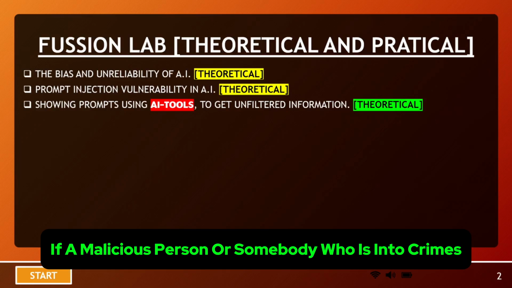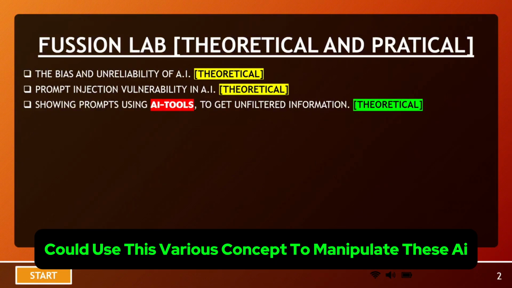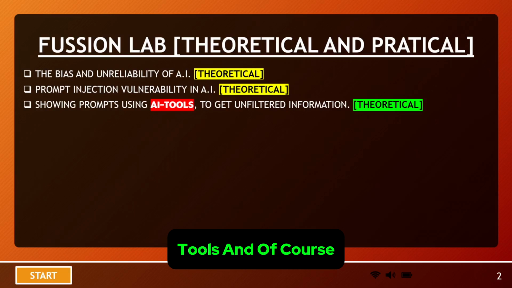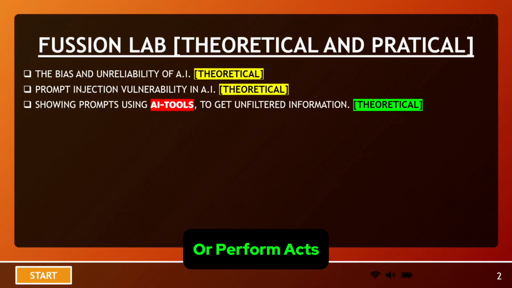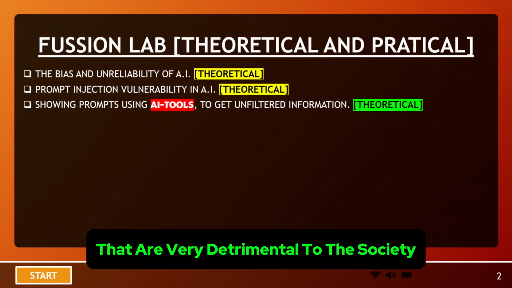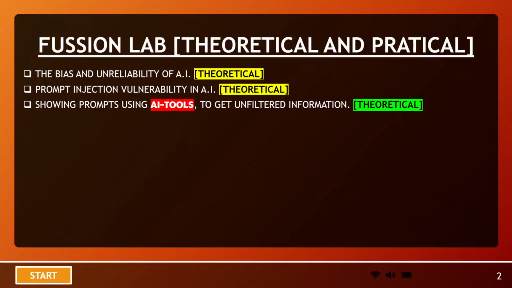So we are going to compare these various AI models and show you how dangerous it is if a malicious person, or somebody who is into crimes or with evil intentions, could use these various concepts to manipulate these AI tools and get steps on how to commit any malicious crime or perform acts that are very detrimental to society or to human existence.